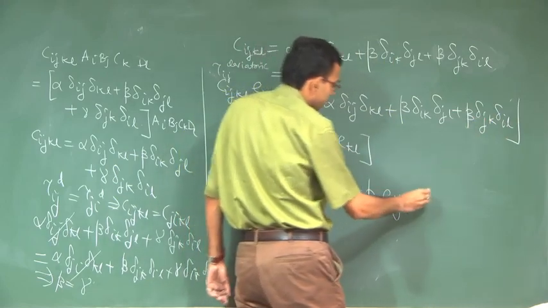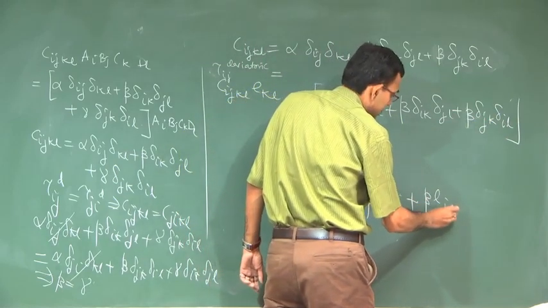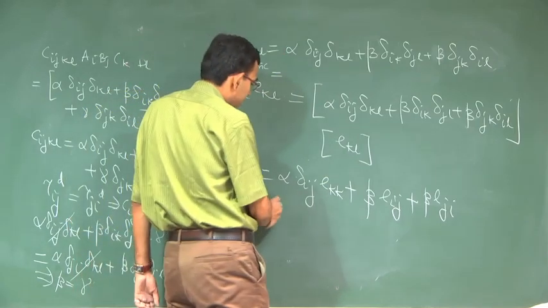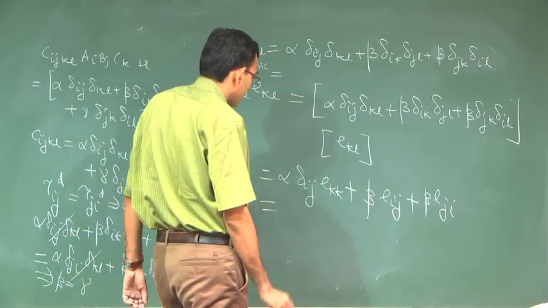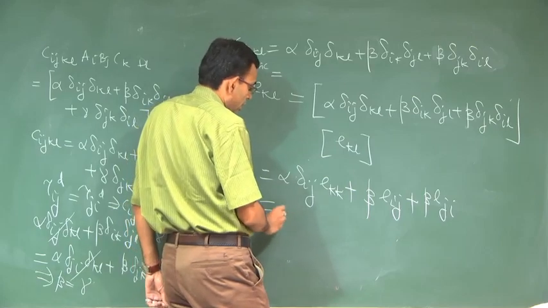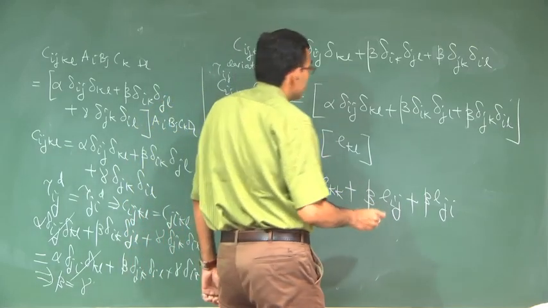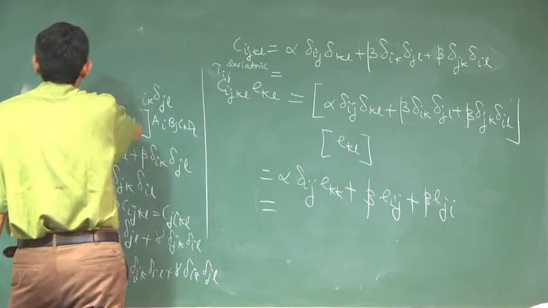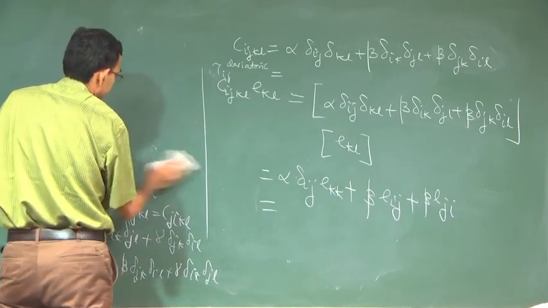So it will become Eji. Now, what is Ekk? Let us write the expression for Eij here.